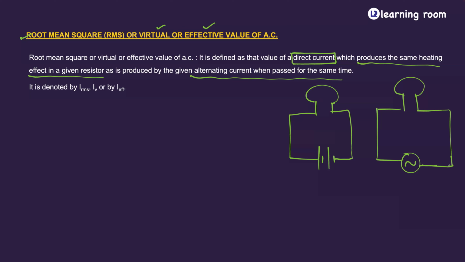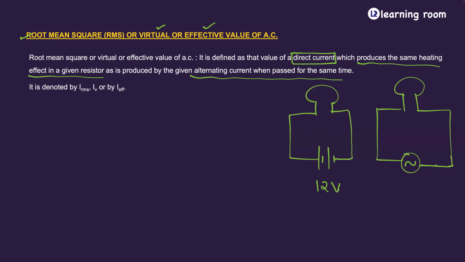But the only difference is when I connect it across DC, I'm going to be clear that this is the value of the EMF produced by the battery that I've connected. I'll be sure about this value at least for some time. I buy a new battery, I'll be clear. If it's a 12-volt battery, it is going to be 12 volt only. Let's assume that there is a 12-volt battery. I'm just taking some random number.